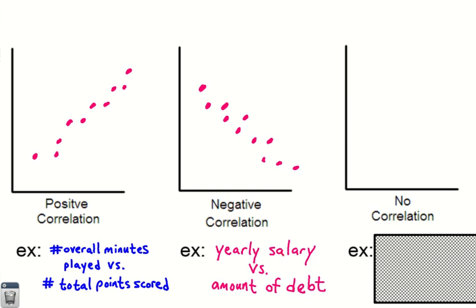And no correlation, what would that scatter plot look like? If two variables had no relationship whatsoever, no correlation with each other, then you're just going to see a bunch of random points somewhere.